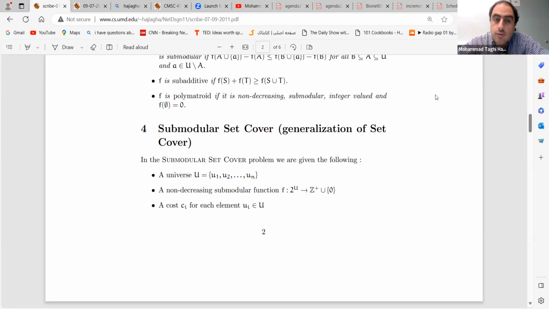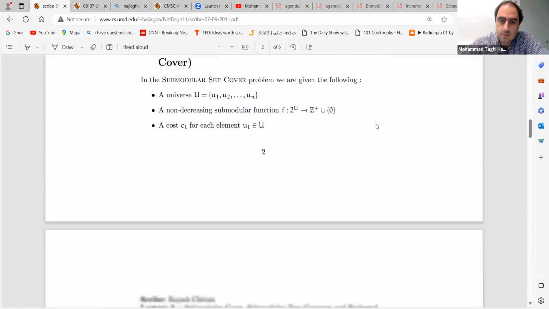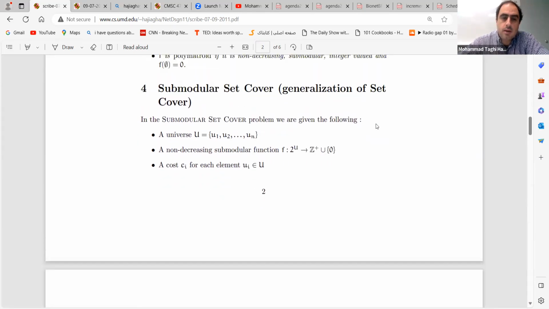Now let's go to submodular set cover, which is a generalization of set cover. So here you are given a submodular set cover problem, or just submodular cover. There is no need to say set.